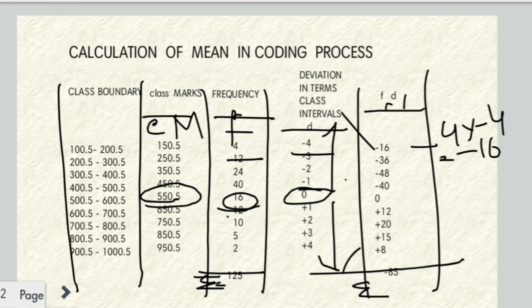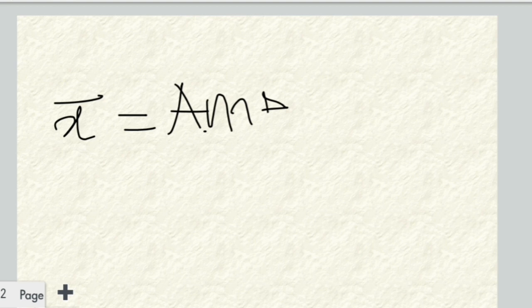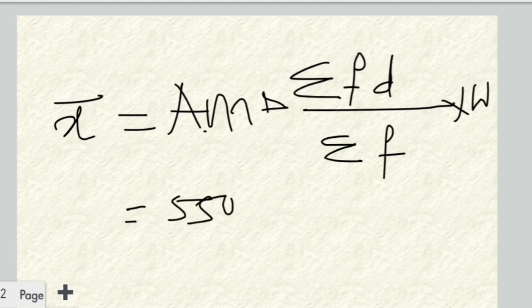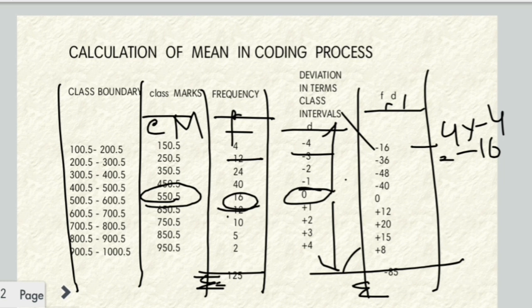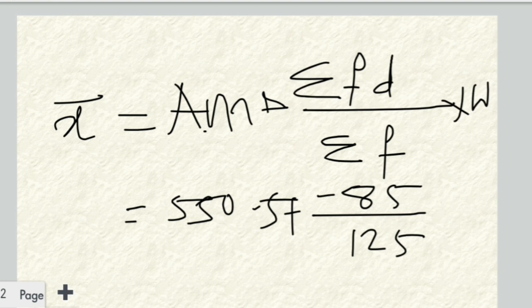We calculate the table, and mean is: here assumed mean is 550.5, summation FD minus 85, summation of F equal to 125, and class interval is 100.